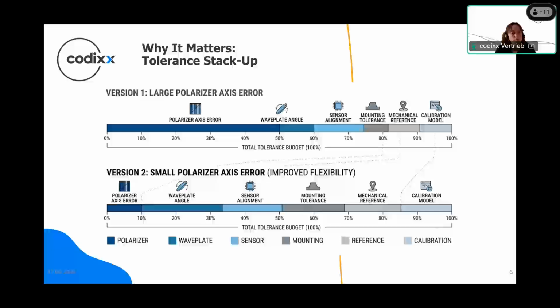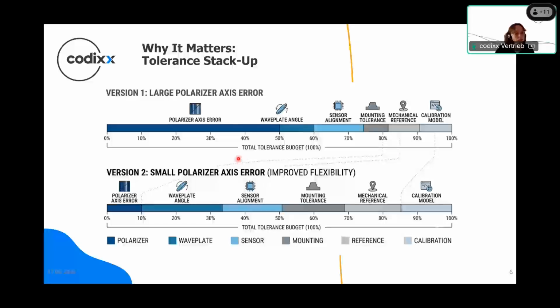Within a more accurate polarization axis, this could give you much more flexibility with other system or manufacturing processes. It reduces one part of the tolerance chain and gives you more freedom in the remaining system. For example, here we have one version where the polarizer axis error is pretty large, which means everybody else in the system has to account for this to stay within the total tolerance budget.